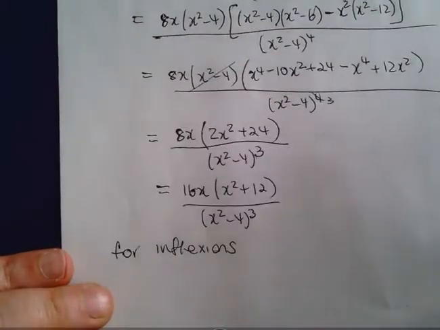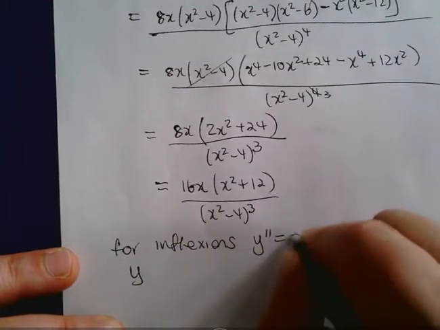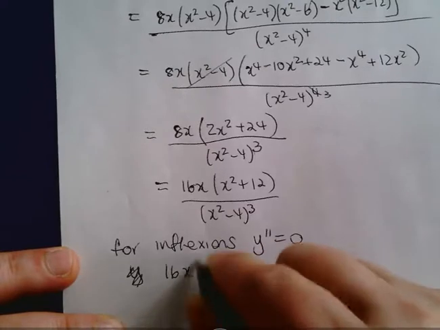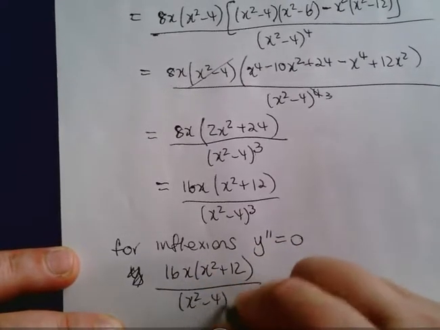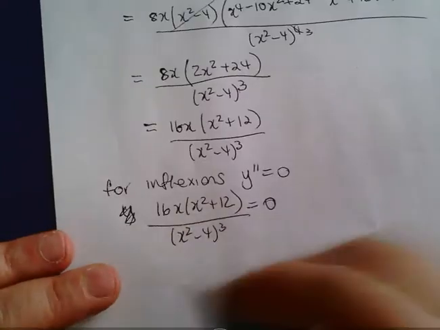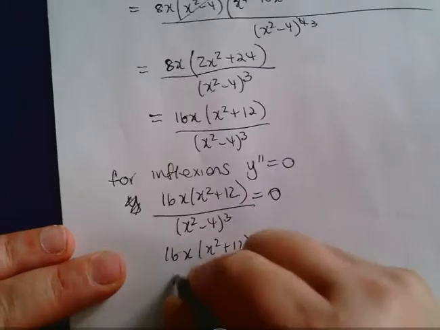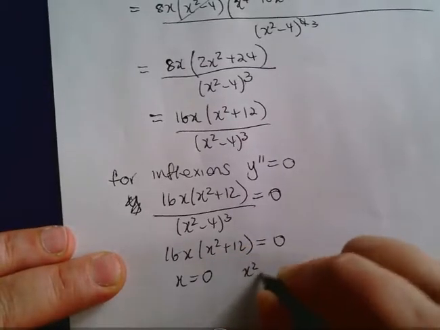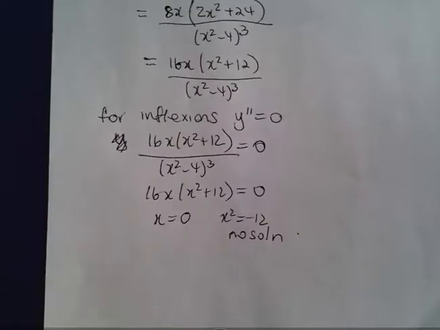So for inflections, y double dash is 0, which means 16x, x squared plus 12 over x squared minus 4 cubed is 0. We know that only the numerator has to be 0. We already know that x is 0 and x squared is negative 12, which has no solution.